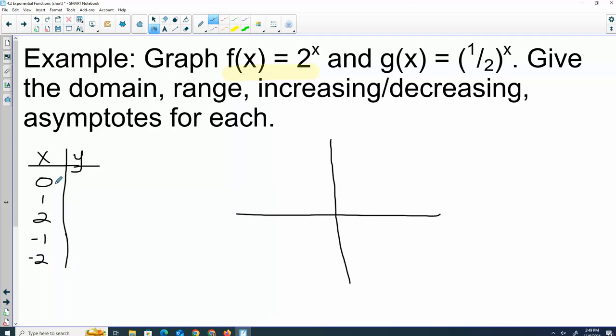If I put in a 0, what is 2 to the 0 power? 1. Anything to the 0 power is 1. If I put in a 1, what's 2 to the first? If I put in a 2, what's 2 squared?